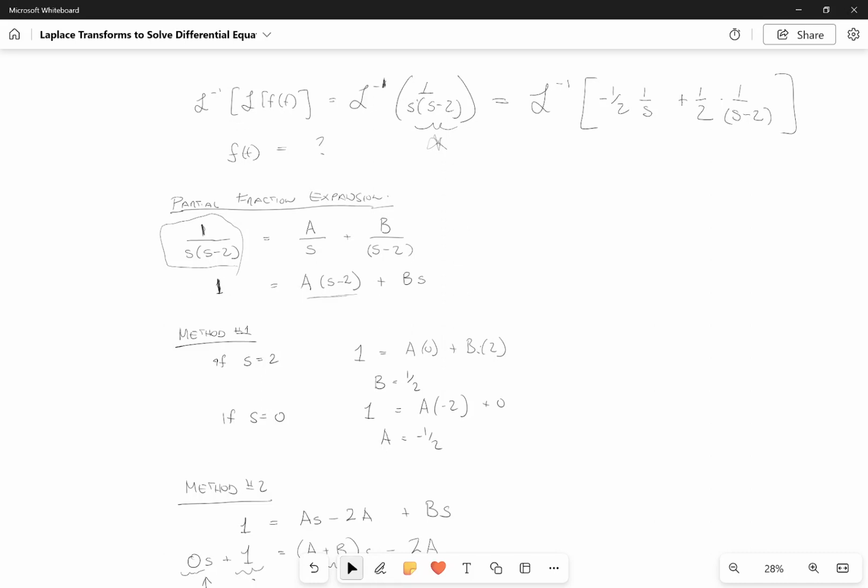Now we can look in the table because, look, the inverse Laplace transform is also linear.